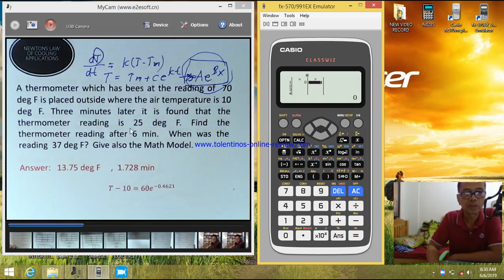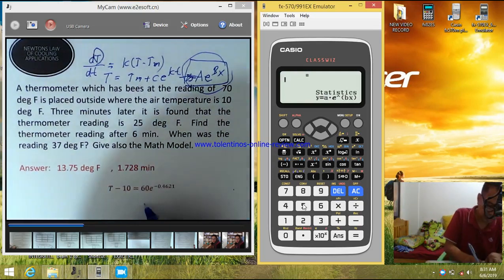The temperature difference is 70 minus 10, the difference with regards to the medium. And there must be another data here. When x is 3 minutes, the temperature difference is 25 subtracted by 10. There. Then get the model.